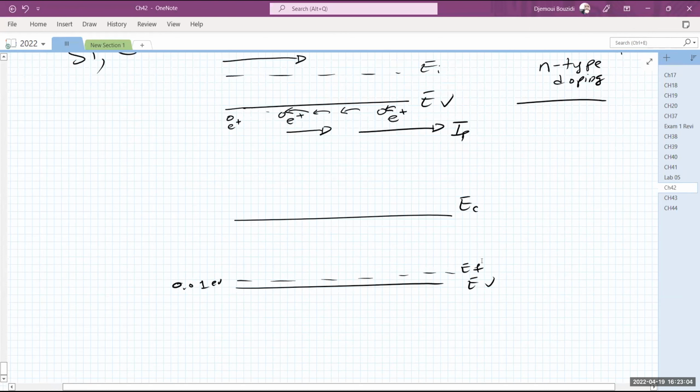So all of its available energy levels will be occupied by the electrons that make this hop in here. So all of these available energy levels will be filled. Obviously, they're not going to be conducting anything, but they leave behind holes as they move, and these holes are now positively charged, and they are going to be responsible for the conduction.